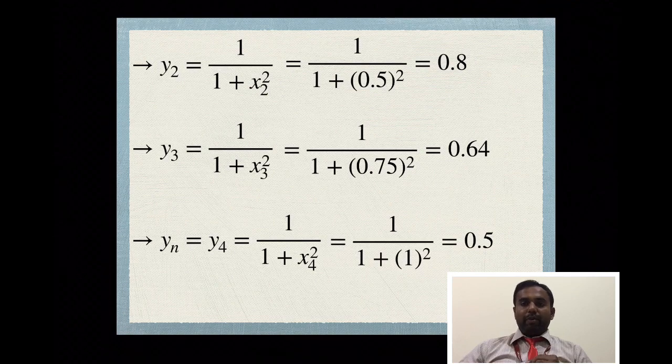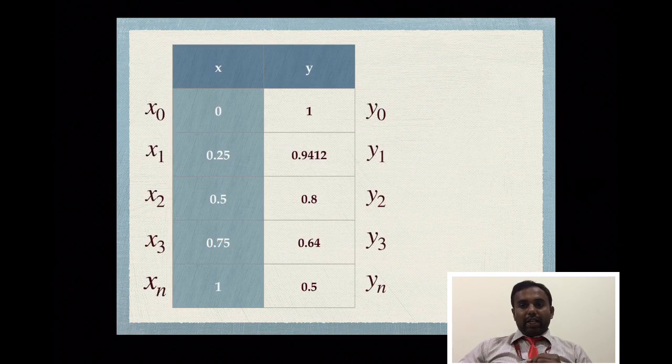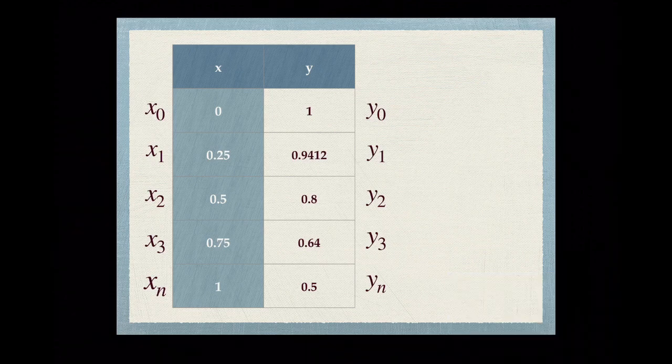So with all this data, now I know that x0 is equal to 0 and the corresponding value of y0 is 1. x1 is equal to 0.25 and its corresponding value y1 is 0.9412. x2 is 0.5 and its corresponding value y2 is 0.8. x3 is 0.75 and its corresponding value y3 is 0.64. x4 or xn, the last value, is 1, and of course its corresponding value y4 or yn is 0.5.